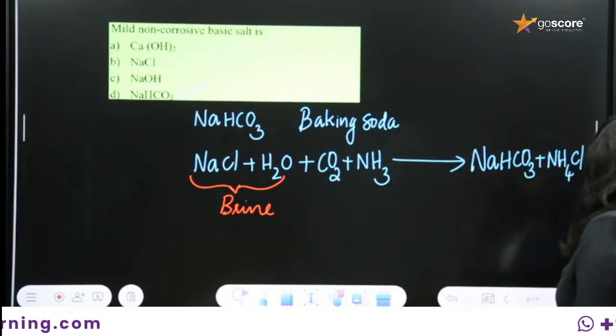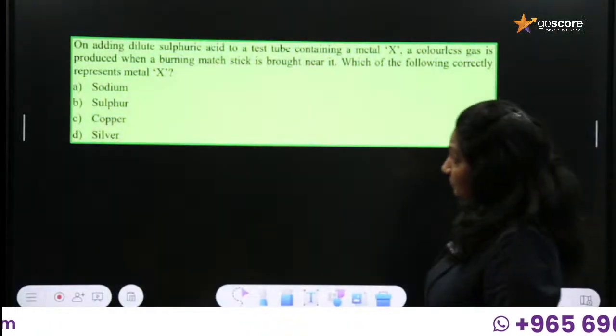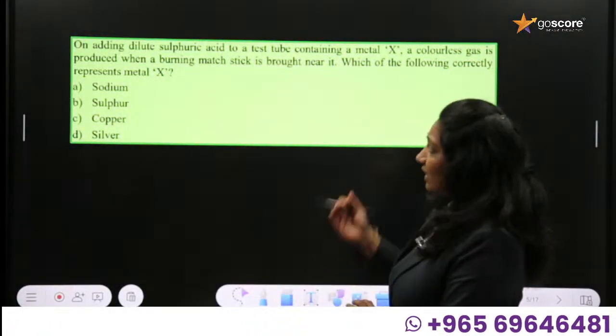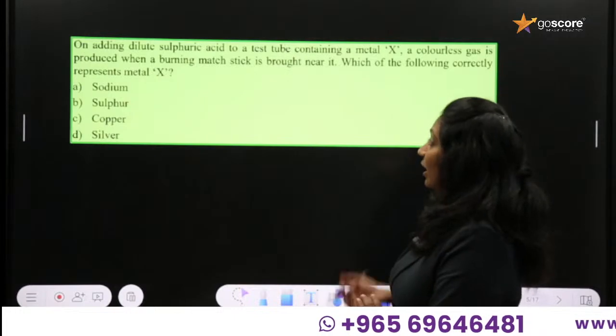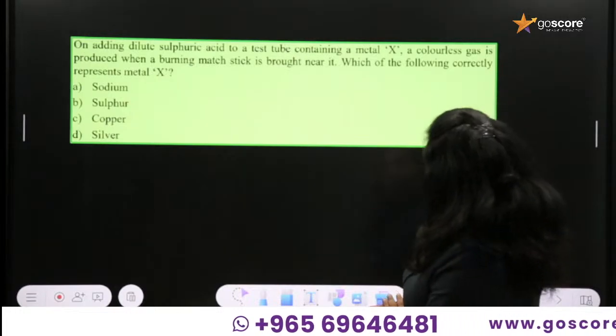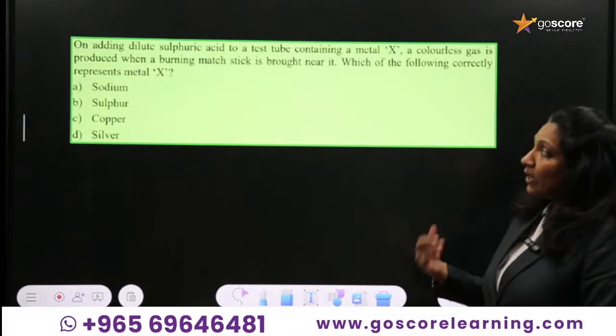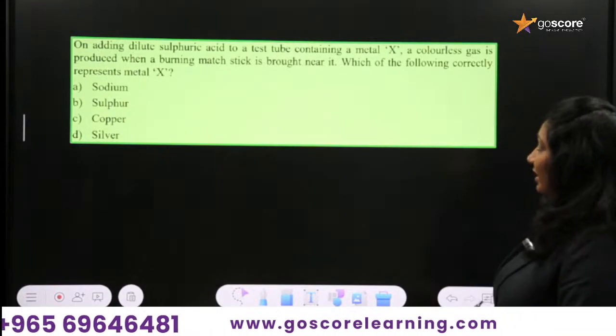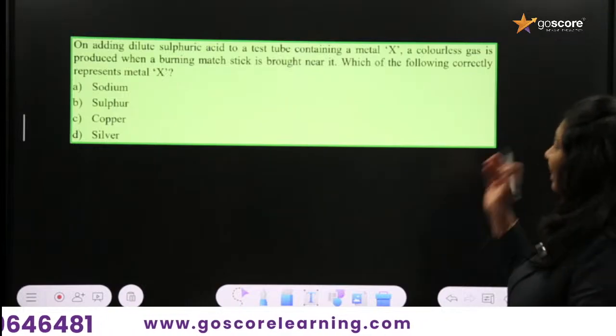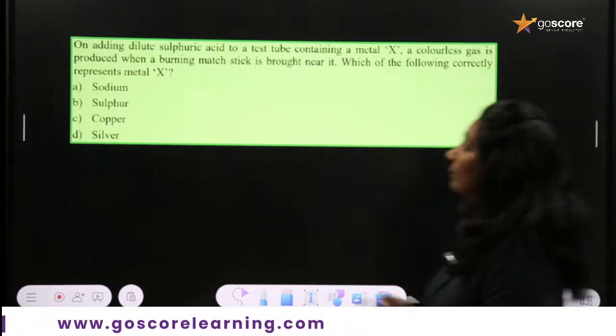Okay, so your next question: on adding dilute sulfuric acid to a test tube containing a metal X, a colorless gas is produced, and when a burning matchstick is brought near it, which of the following correctly represents metal X?